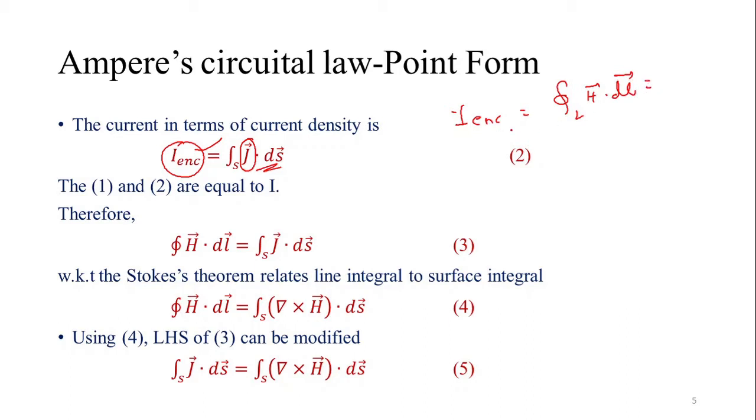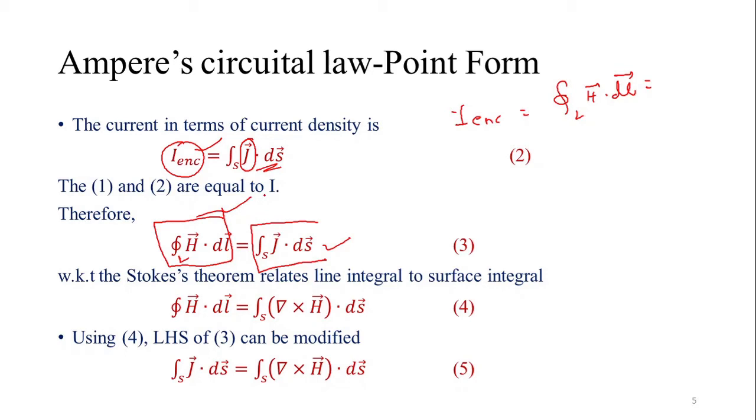Now both equations 1 and 2 have I enclosed as one of the terms, so the remaining terms must be equal. So the closed line integral of H dot dl is equal to the surface integral of J dot ds. Now let's take the left side alone.